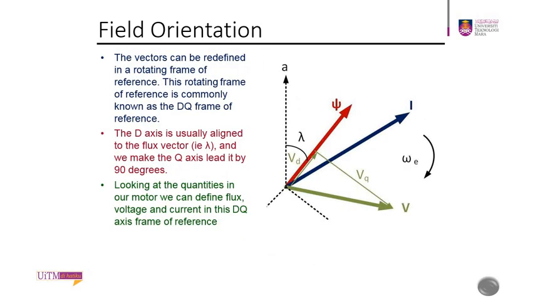So the vectors can be redefined in a rotating frame of reference, and this rotating frame of reference is commonly known as the DQ frame. The d-axis is usually aligned to the flux vector, and we will make the q-axis lead by 90 degrees. So looking at the quantities in our motor, we can define flux, voltage, and current in this dq axis frame of reference.